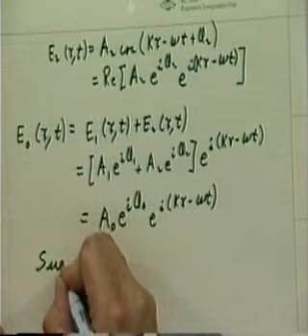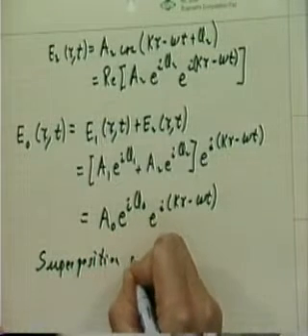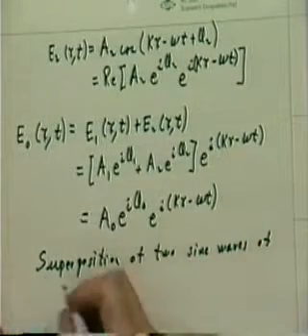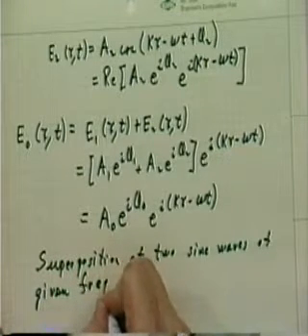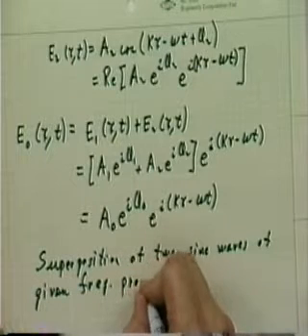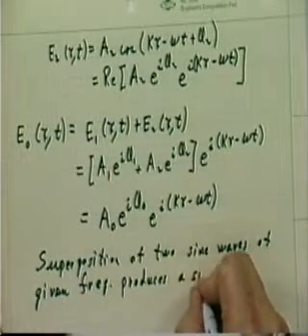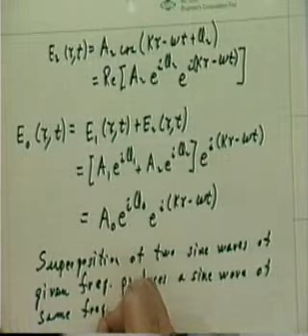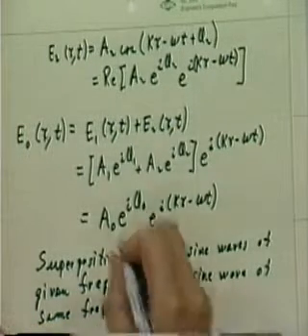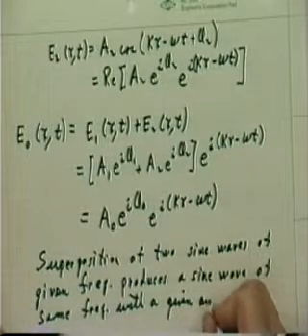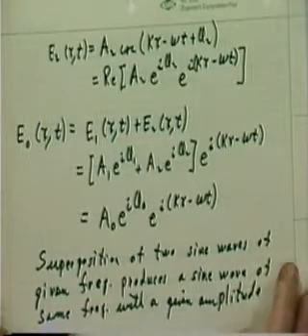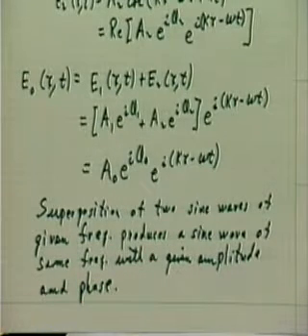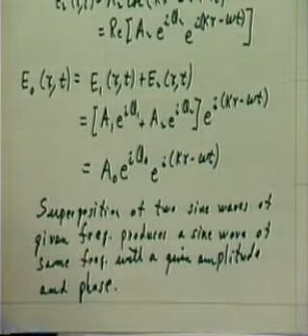So superposition of two sine waves of given frequency produces a sine wave of the same frequency with some given amplitude and phase. Simple, but rather important.